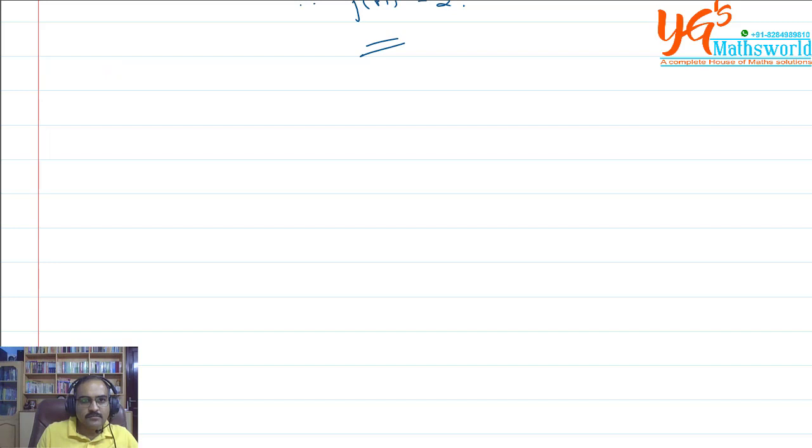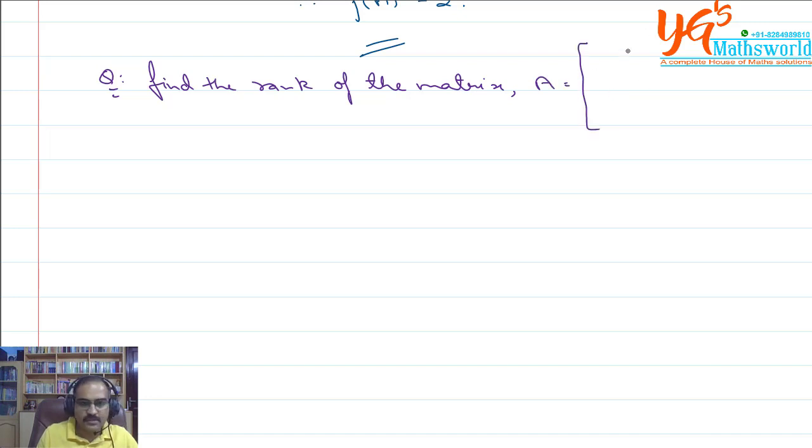So the question is, find the rank of the matrix A is equal to, now they have given us the elements 1, 2, minus 1, 3, minus 2, minus 4, 4, minus 7, then it's 1, 2, 1 and 2.